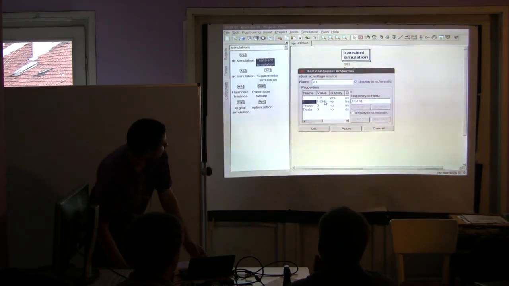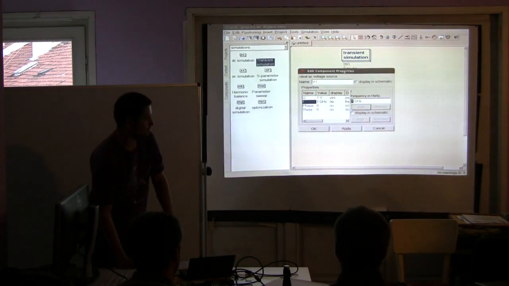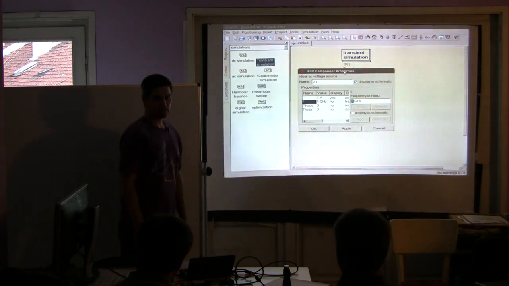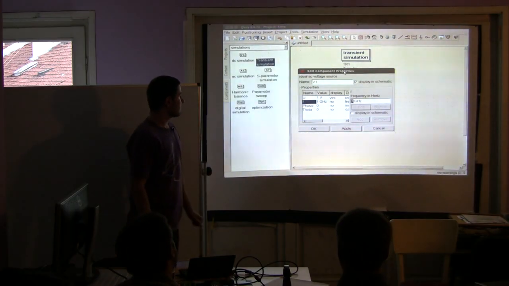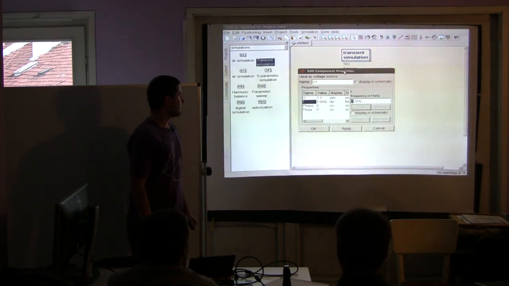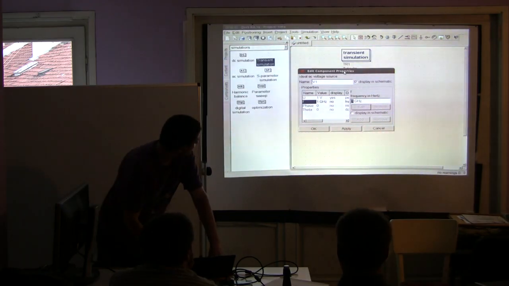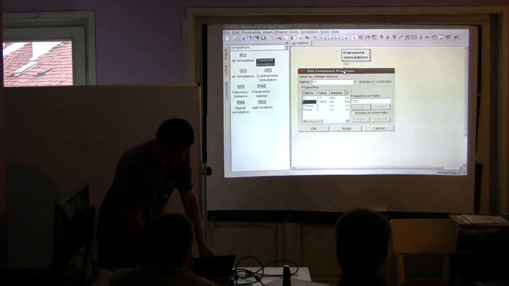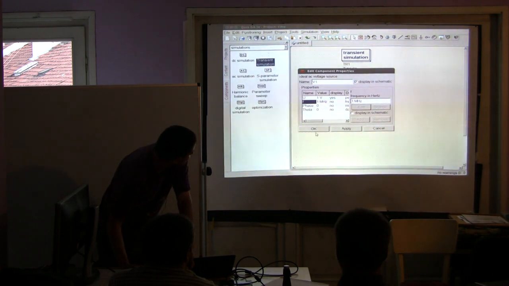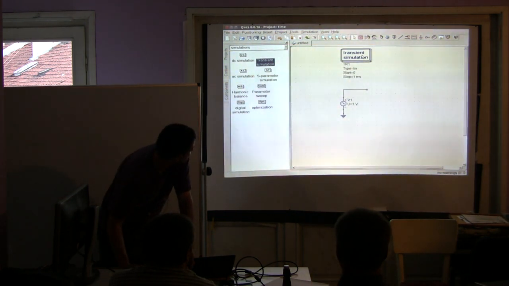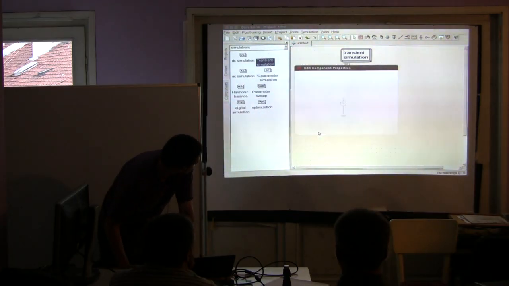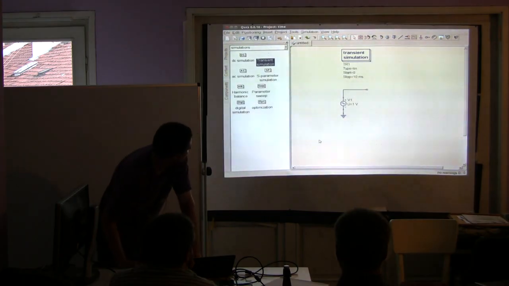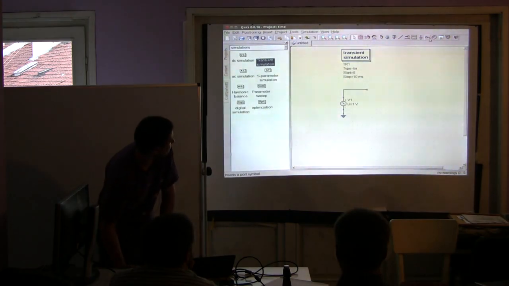Here I can define the frequency or the period of the signal. We will see it in the simulation, but for now I'm going to use 1 megahertz as a reference. Why? Because we are going to define here 10 milliseconds, and let's see what's going to be the output.